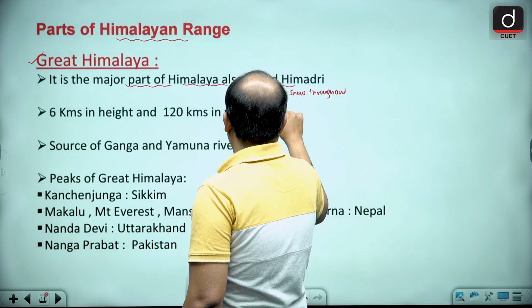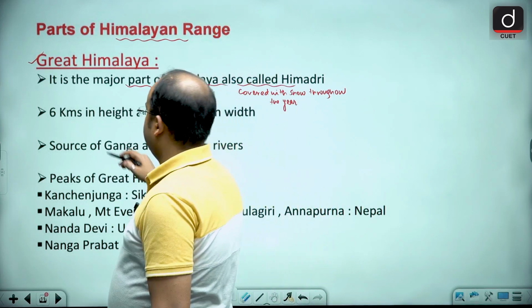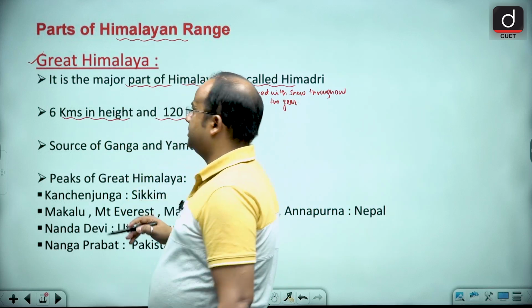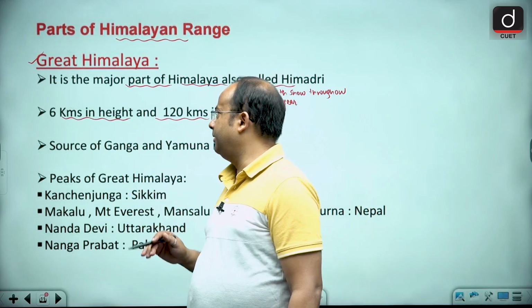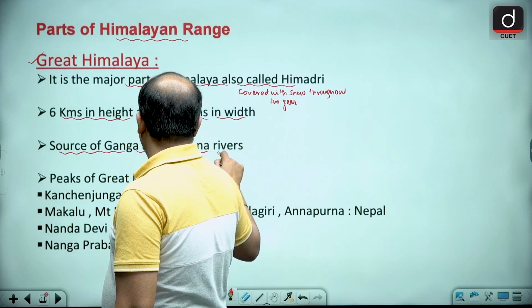The height is around 6 kilometers and the width 120 kilometers, and it is the source of rivers like Ganga and Yamuna.